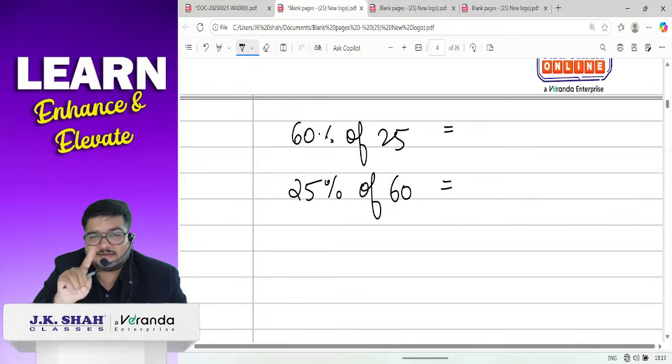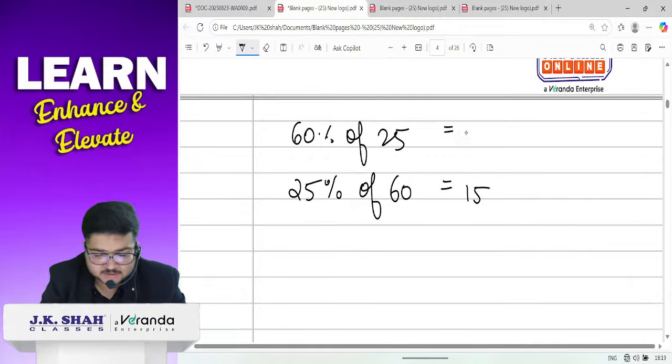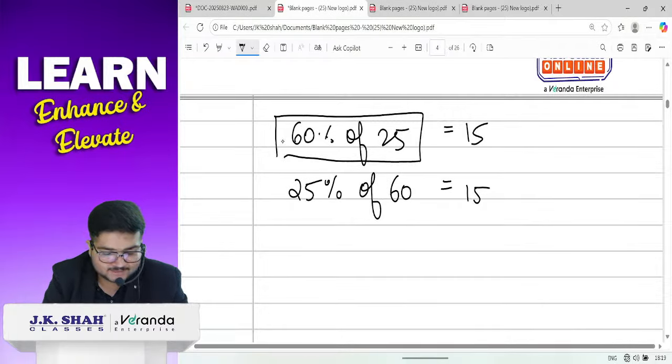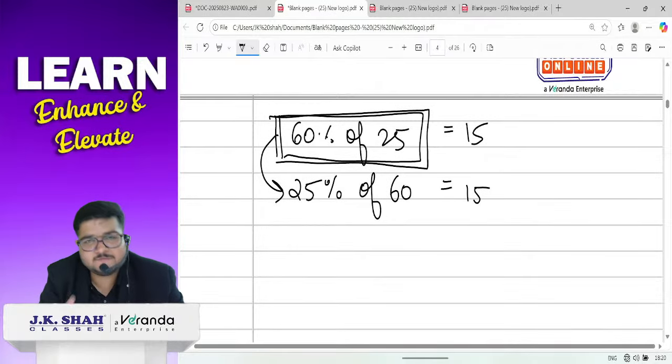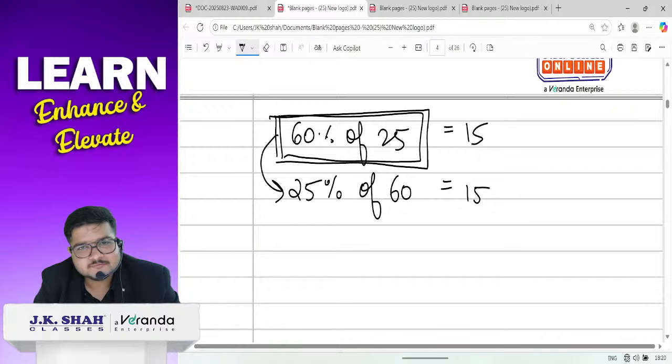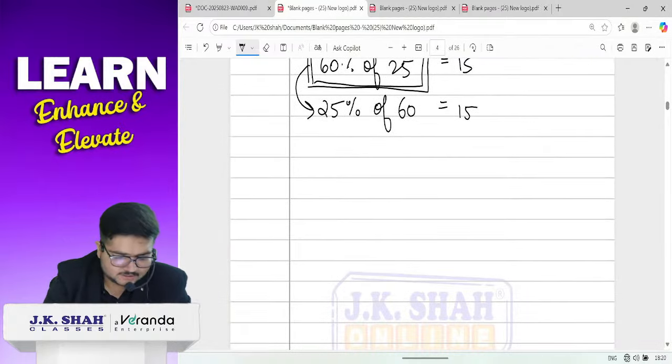For 25% I have taught you, you have to do half two times. Half of 60 is 30, half of 30 is 15, so answer is 15. So this is also 15. You don't have to write this calculation. When you are asked this, you have to calculate it in your mind and write the answer. Right? Understood?